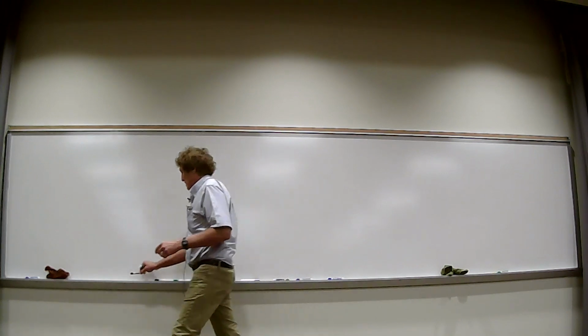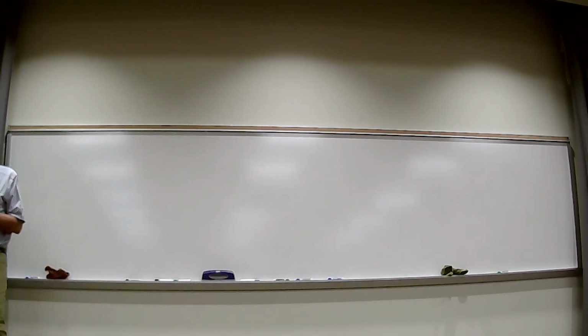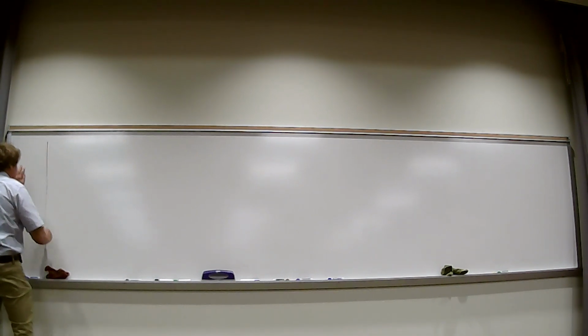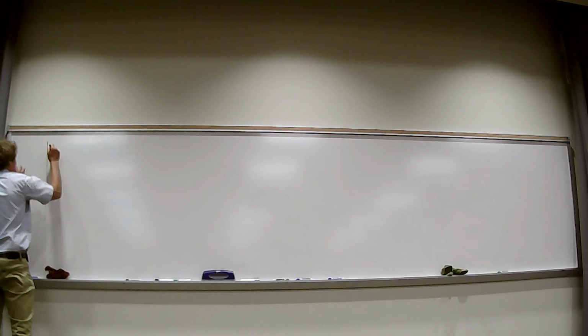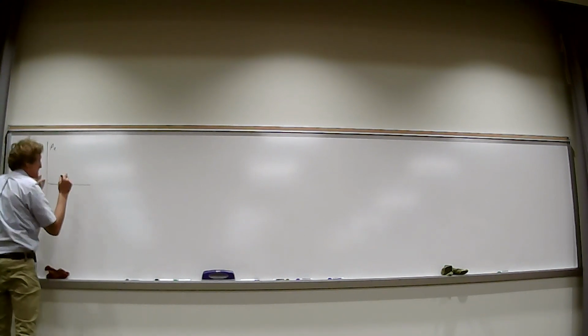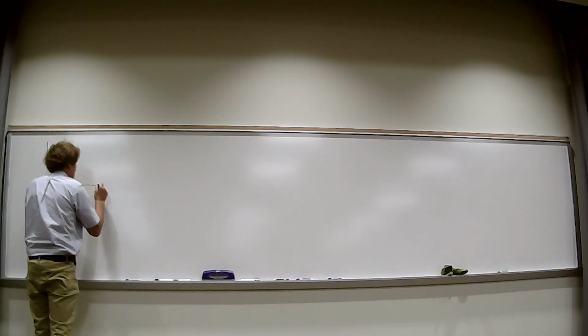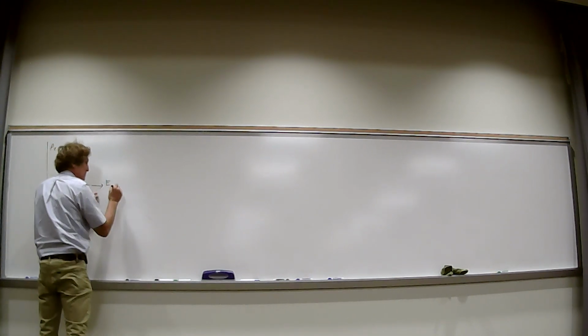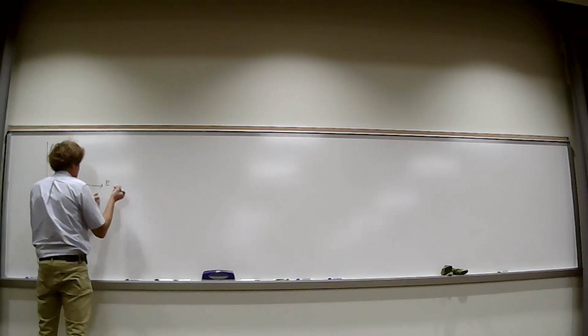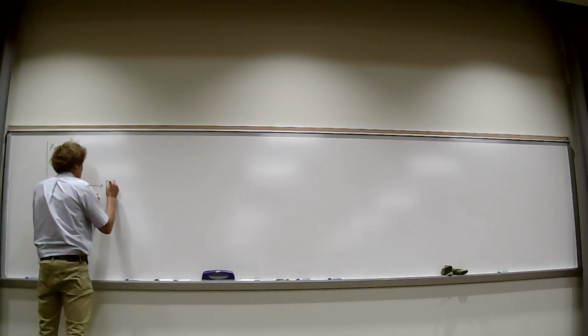So, first, let me give you a review before I get going. If you have an infinite line charge, with the charge density rho L, and your distance rho away, you remember that the electric field from this would be radially away, so I'm going to call it just E rho.